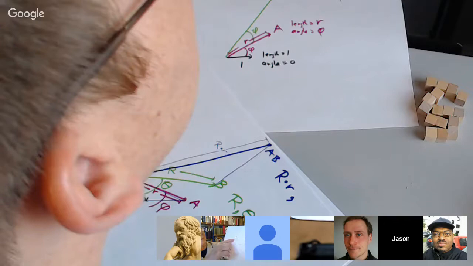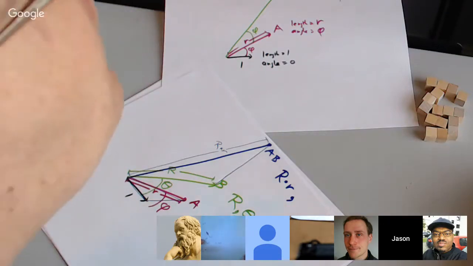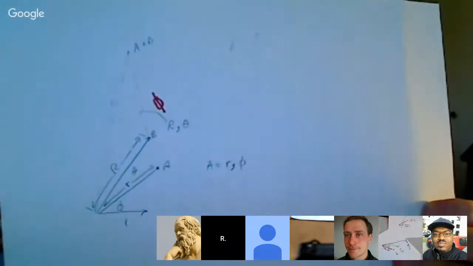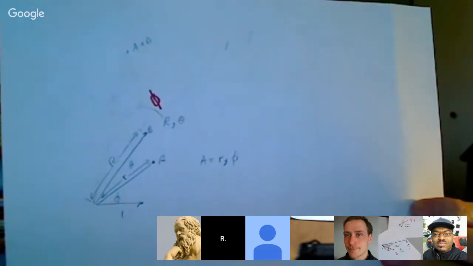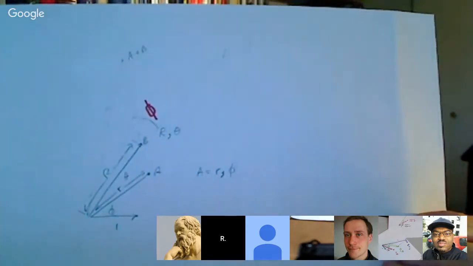Okay, so we see one. Yeah, that looks very similar, right? 1 is to A as B is to A times B.